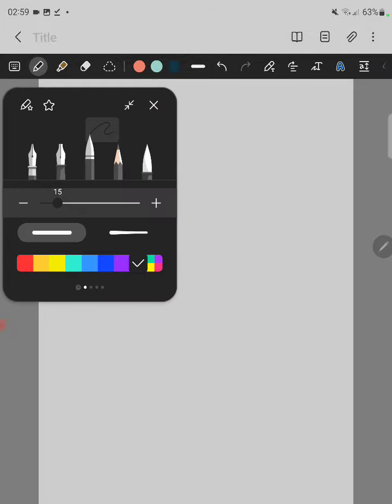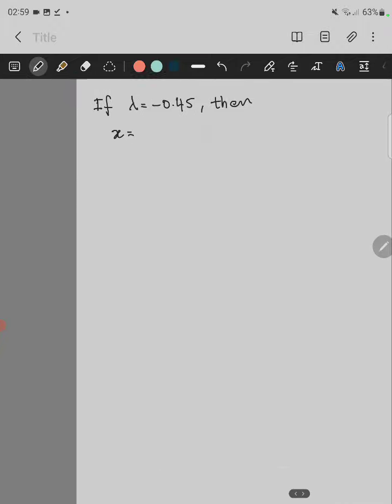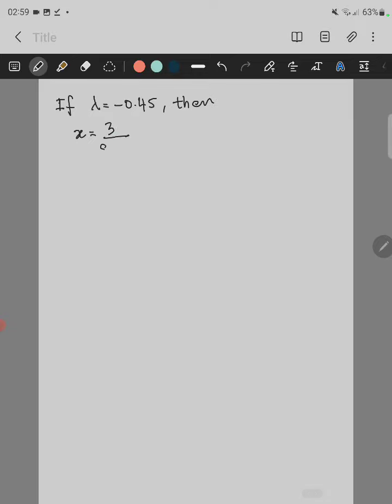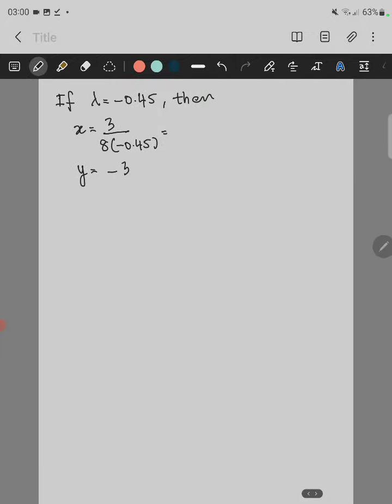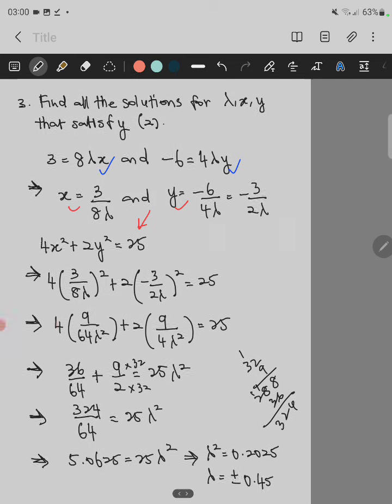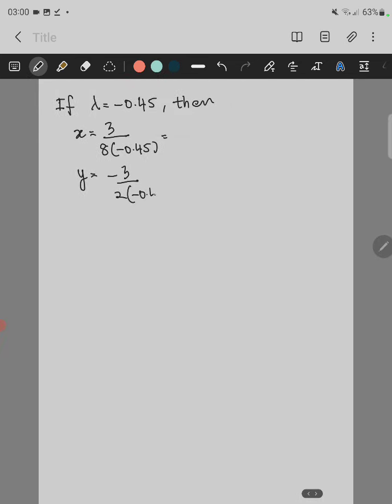So if my lambda here equals minus 0.45, then x will equal 3 over 8 times minus 0.45, and y equals minus 3 over 2 times minus 0.45.